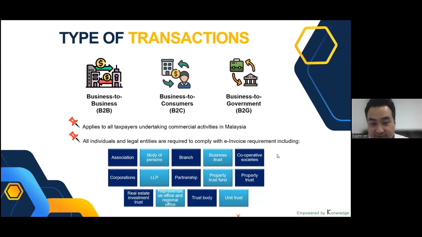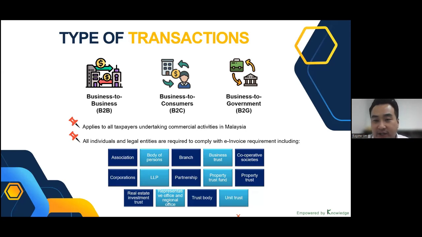Another thing is that as long as you are an association, a body of persons, meaning a human being doing it as a branch, business trust, cooperative society, corporation, company, LLP, partnership, property trust fund, property trust, or real estate, all these entities are required to comply with the e-invoice.